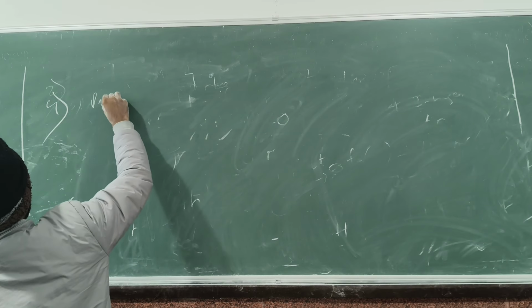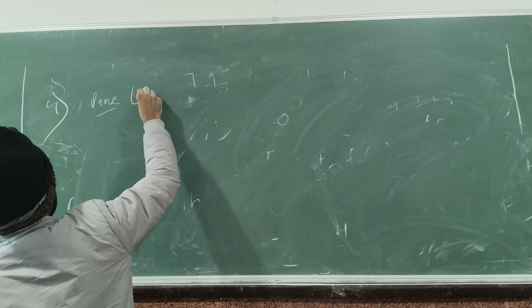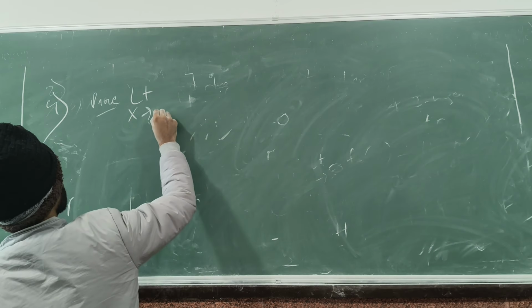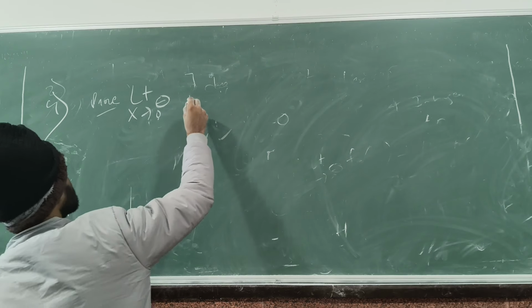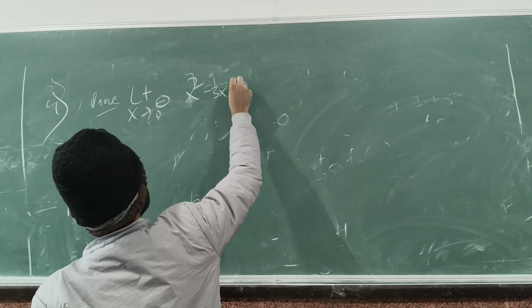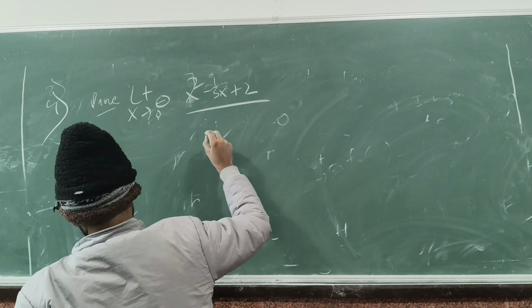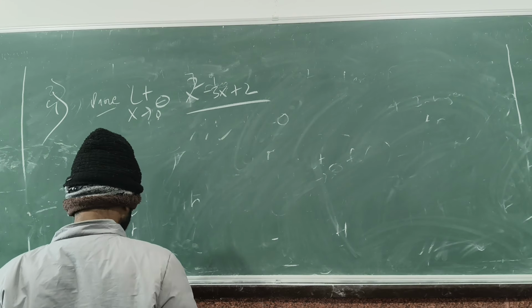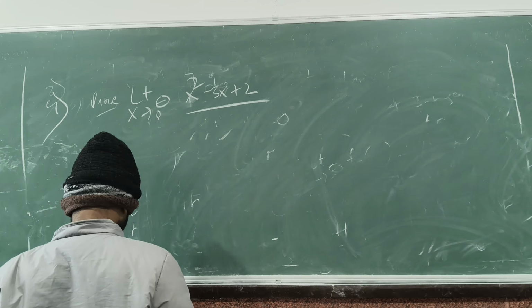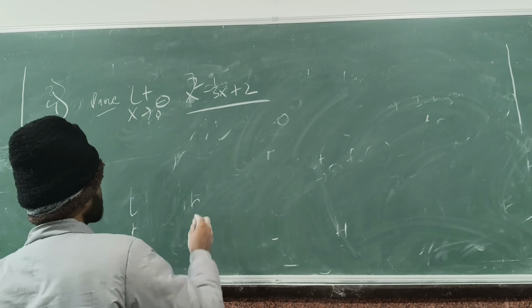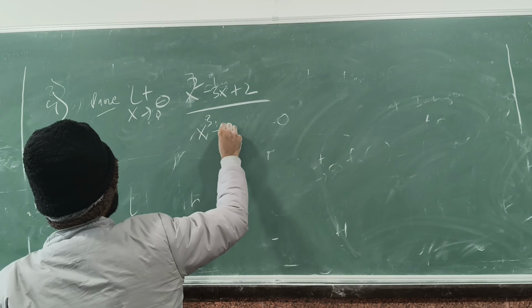Prove that limit x tends to 0 minus of (x square minus 3x plus 2) by (x cube minus 2x square).